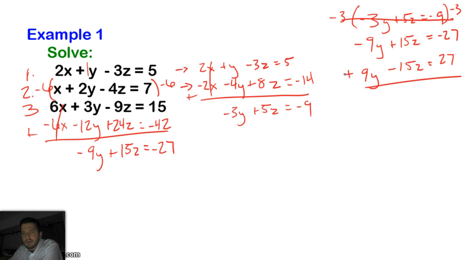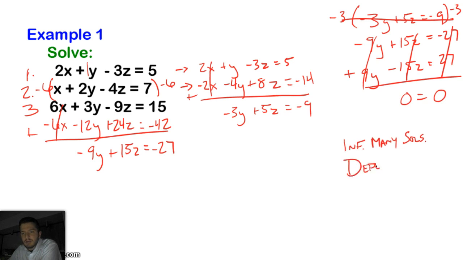Cross that out, add them up. Everything cancels. So 0 equals 0. Again, guys, you know the answer to this one. It is infinitely many solutions. Again, I'm abbreviating because I'm running out of time here. So infinitely many solutions, you want to say dependent system.